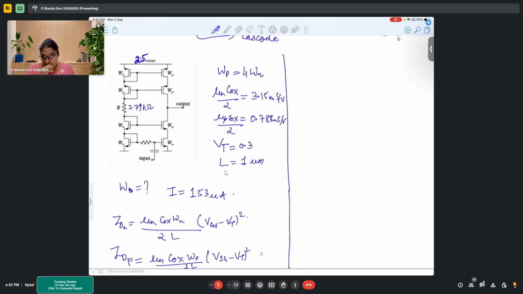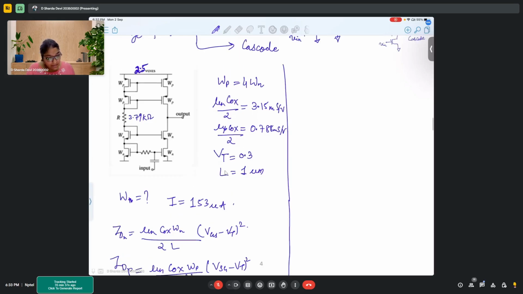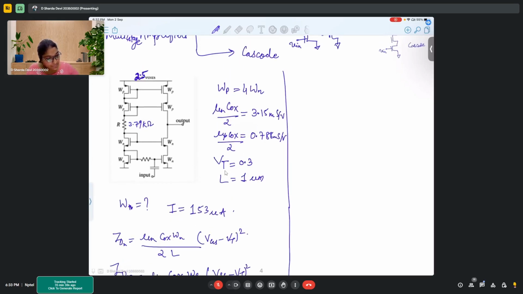Correct? Now here, first of all, we know that the current through this is I, 153 microamperes. So if we see this 3.79 kilo ohm drop, it is dropped across the source drain.